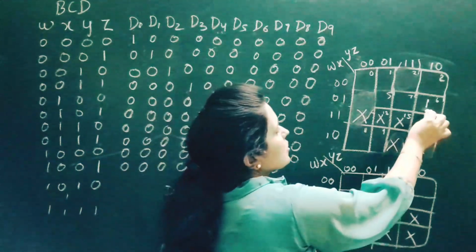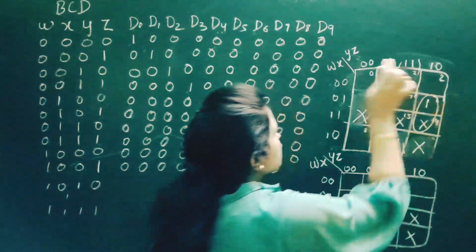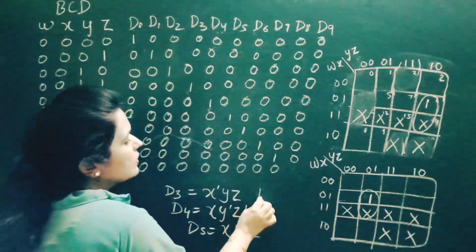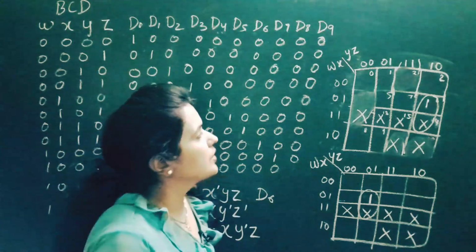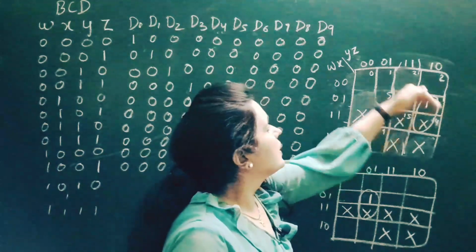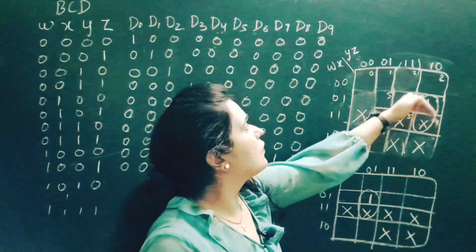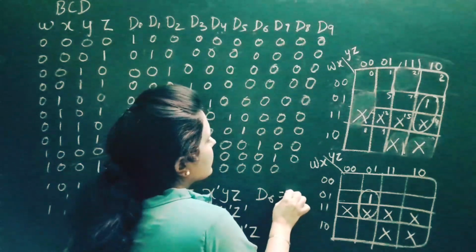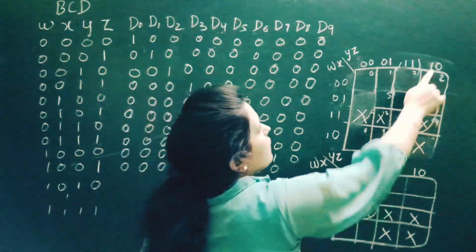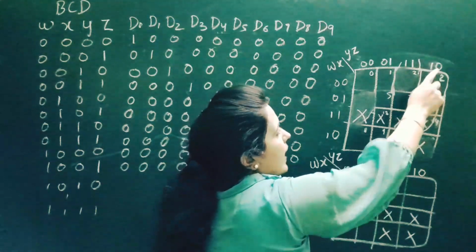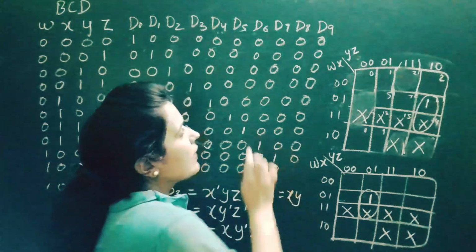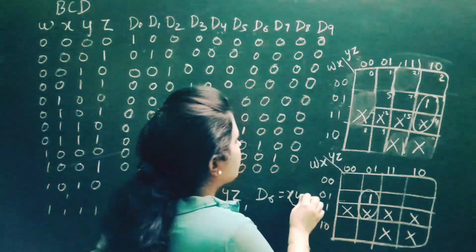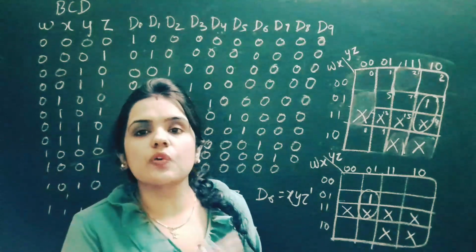Now this one can also be combined with this x, so the expression corresponding to D6 will be equal to, in these two rows the value of x is fixed, which is 1, so it is x, but for yz in this column the value of y is 1, so y, and the value of z is 0, so complement of z. So this is the expression for D6.